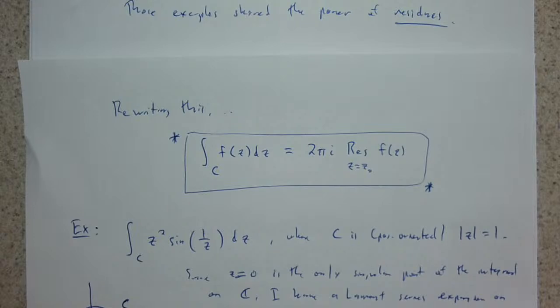All right. Well, it turns out that we can apply this in a very similar but more general setting to be able to compute contour integrals of functions along contours that encircle multiple isolated singular points.